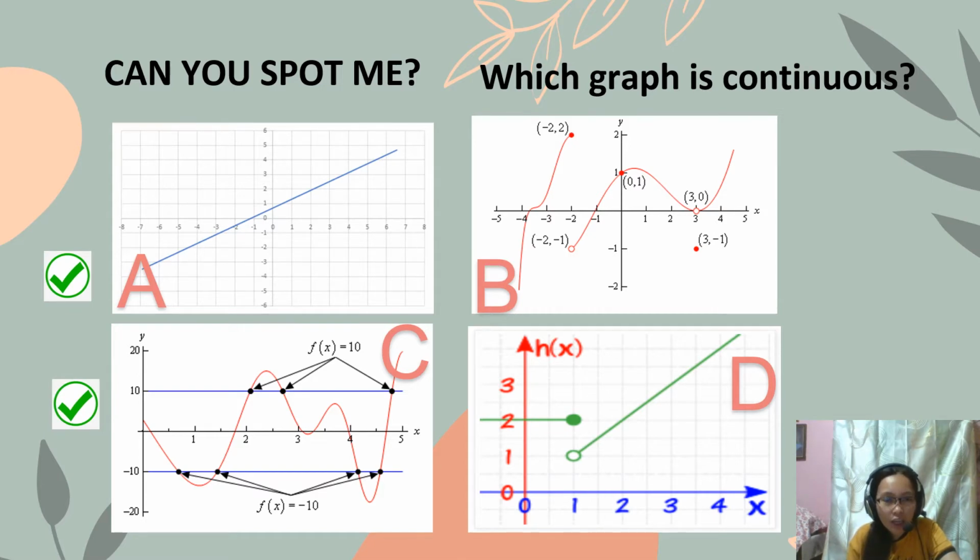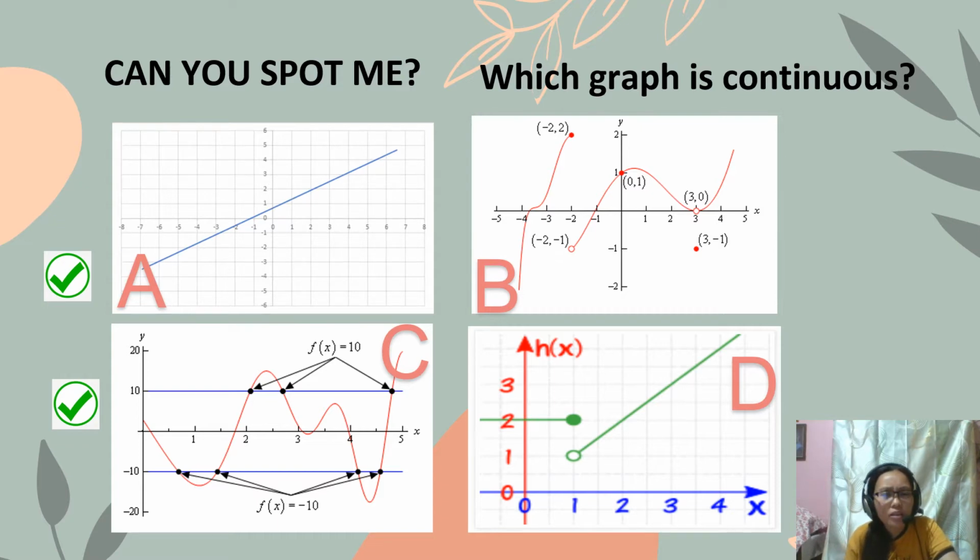Graph A is a linear function, so obviously the graph is continuous. And for graph C, we can also say that the graph is continuous because it is uninterrupted. When you trace it, there's no break. So that is continuous.